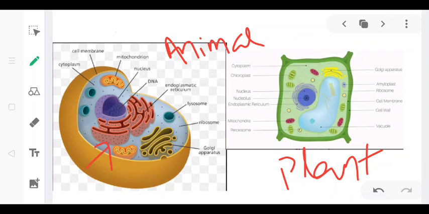This one is the endoplasmic reticulum. It is a large network of membrane bound tubes and sheets. It looks like long tubules or round or oblong bags. The endoplasmic reticulum membrane is similar in structure to the plasma membrane. There are two types of endoplasmic reticulum found in the cell. One is rough endoplasmic reticulum, another one is smooth endoplasmic reticulum.